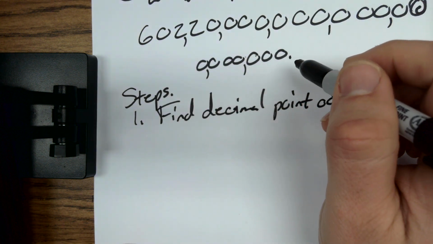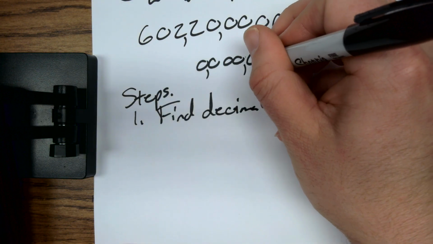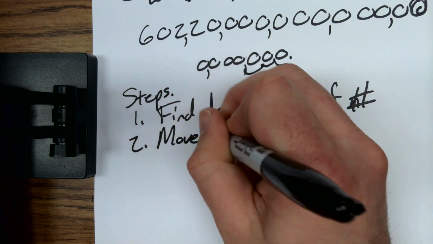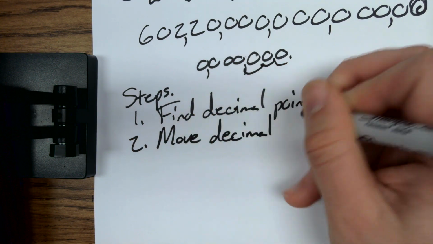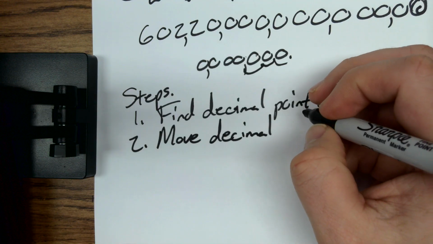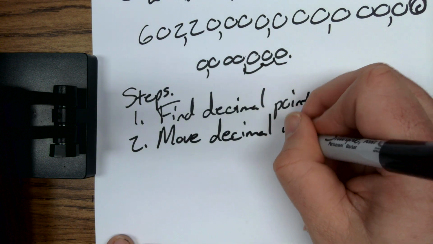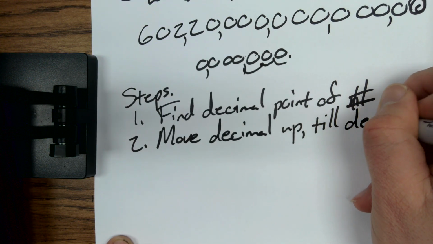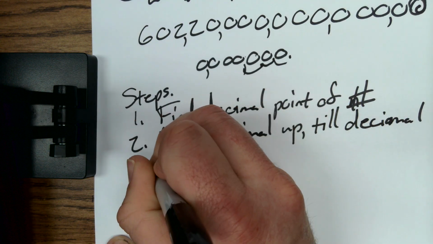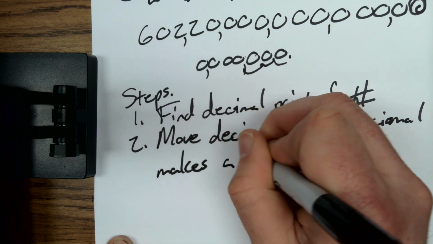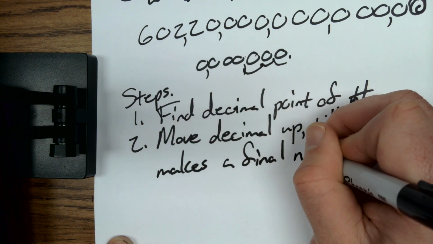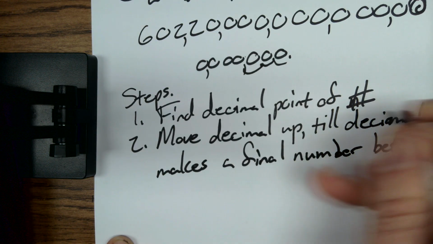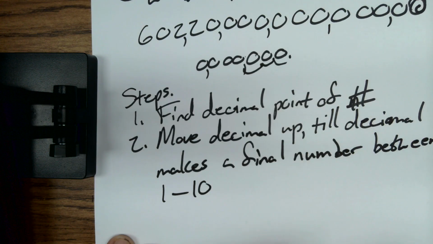I'm then going to move my decimal place all the way up, moving the decimal until it makes a final number between 1 and 10. We're making this easy.